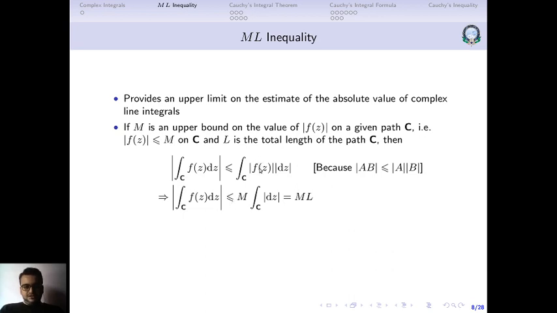Now M is a constant, so M can come outside the integral, and we have the integral of modulus of dz over C. This is nothing but a small segment on the path, and you are integrating over the entire path, so this gives the total length of the path, which is L. So the magnitude of the line integral over a path C is less than or equal to M times L, where M is the upper bound on the magnitude of the function and L is the length of the path.